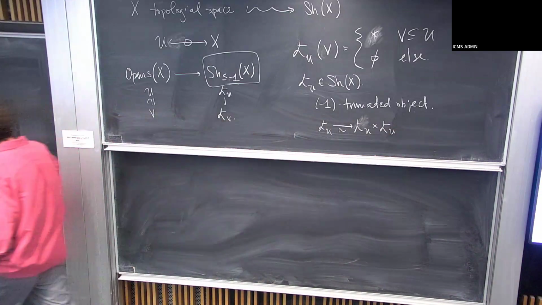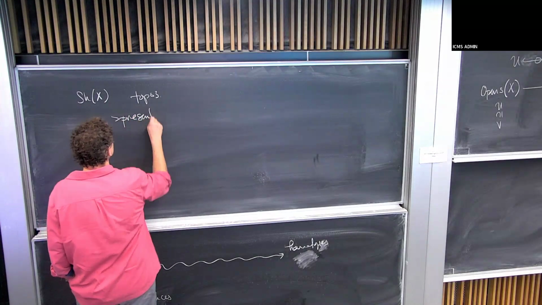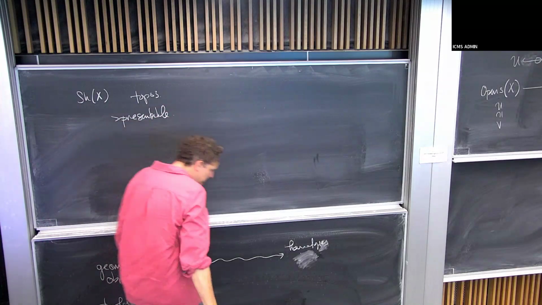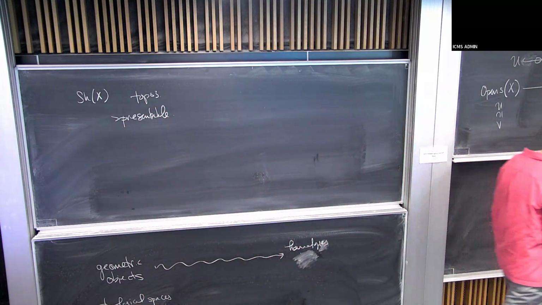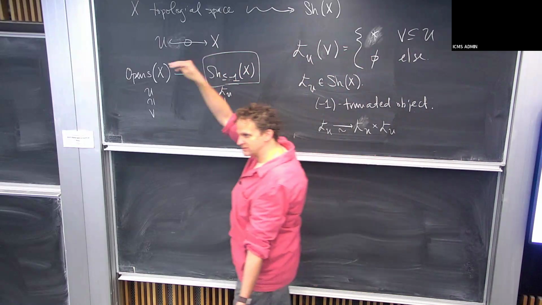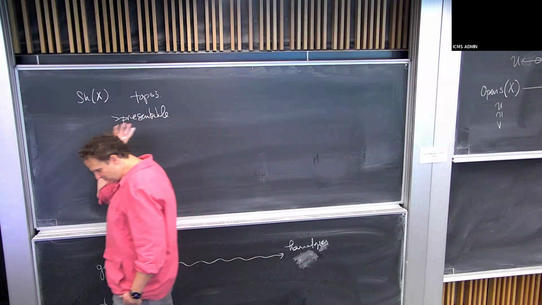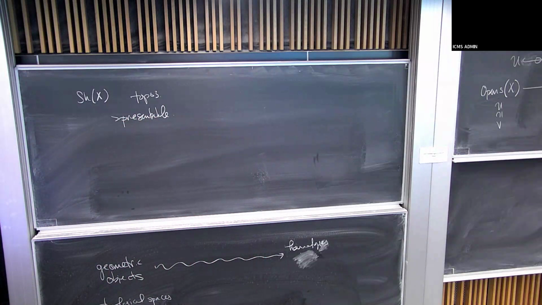So first of all, it's a presentable category. That means that it has all limits and all colimits. And there's a small subcategory of this thing that generates the entire category under kappa-filtered colimits in the canonical way. The way to think about these presentable categories is that they're big categories.